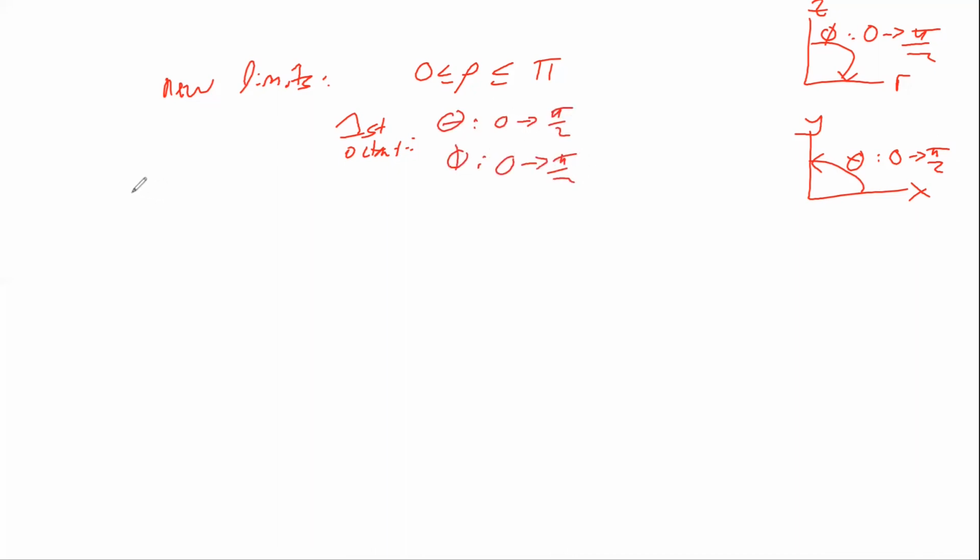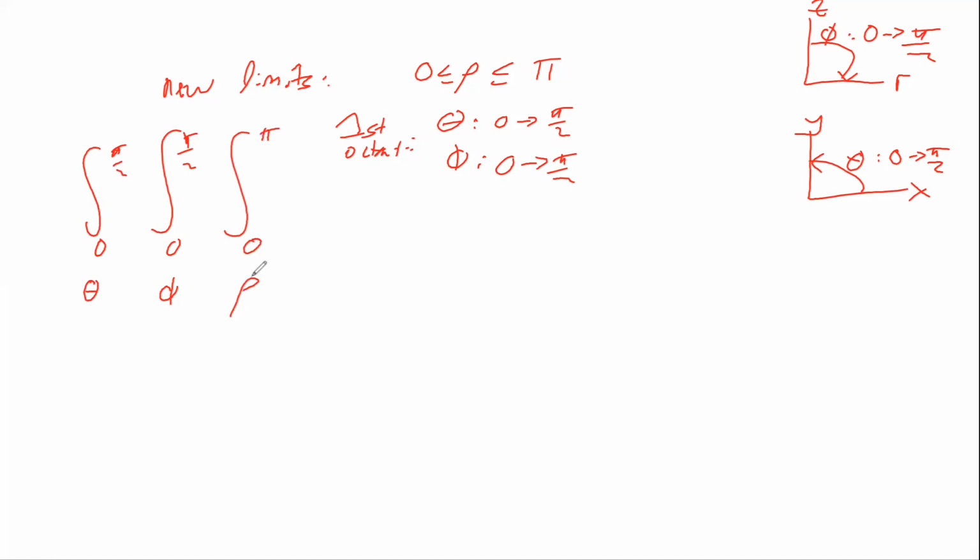So therefore, our new limits, you'll just get pi over 2, and pi.